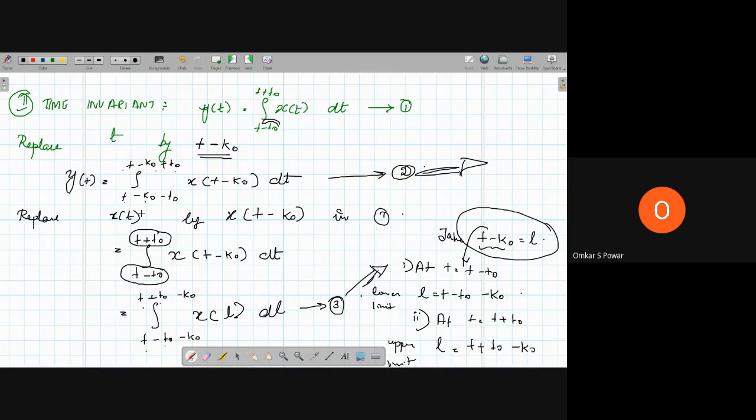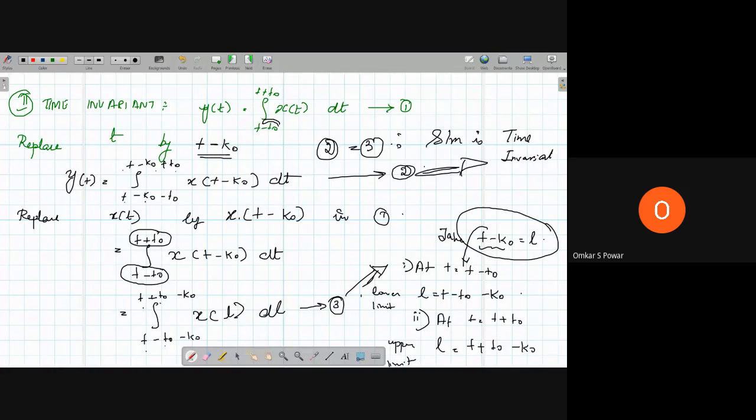So upper and lower limits match. But x of L I have got here x of t minus k naught. But it's okay because I have taken t minus k naught is equal to L. So L can be written as x of t minus k naught, and dt or dl, it's okay. So 2 is equal to 3. Therefore, the system is time invariant.